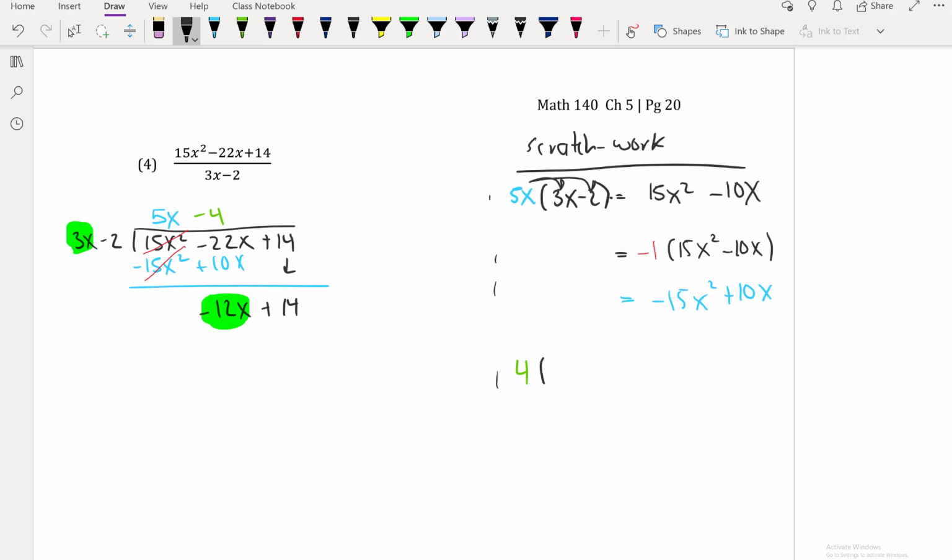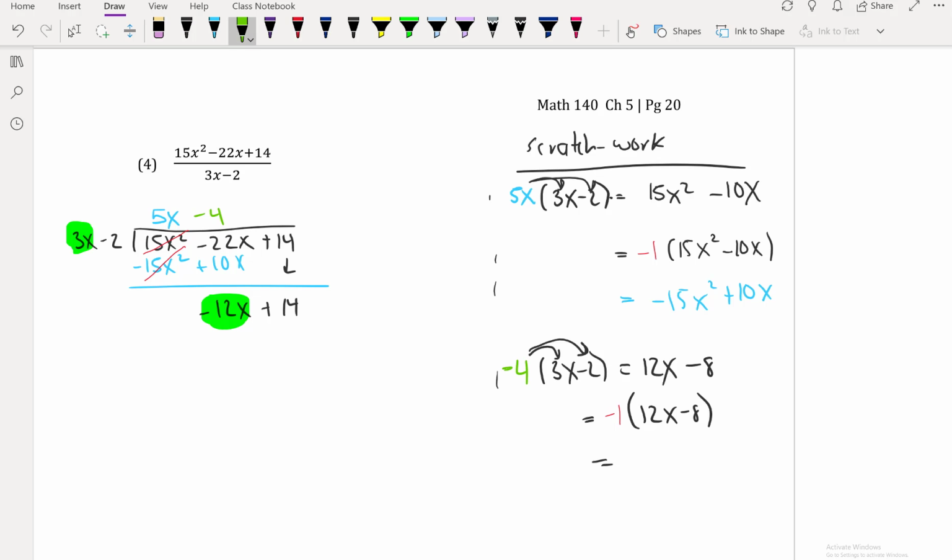And then it's going to get multiplied by this 3x minus 2. So I have a 12x minus 8. And what do I multiply everything by? Don't forget, negative 1.